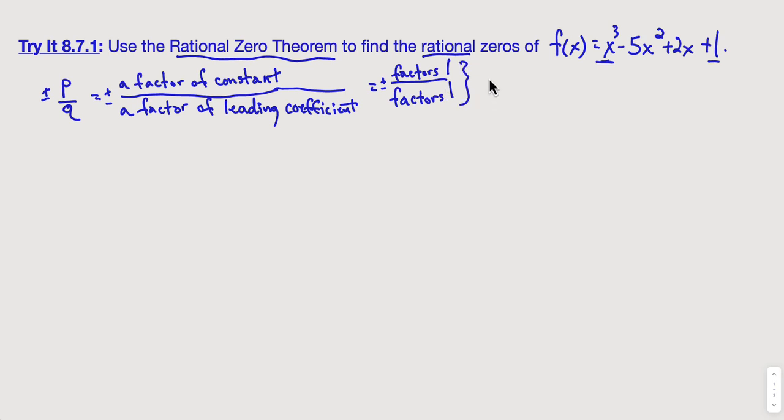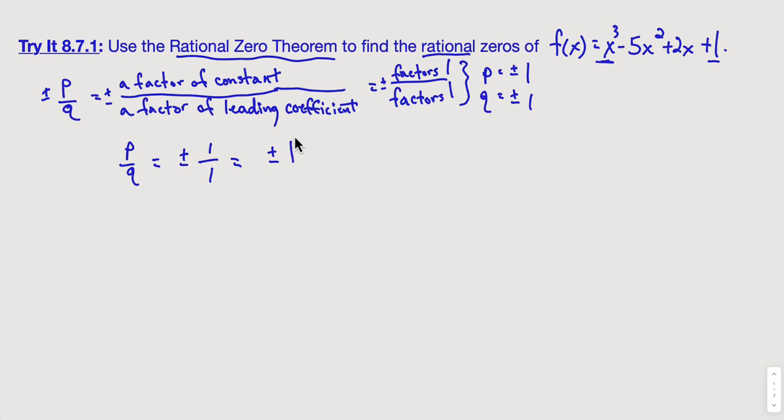So what that means is that P could equal plus or minus 1, because 1 is the only factor of 1, and Q equals plus or minus 1. So what that tells us is that P over Q equals plus or minus 1 over 1, which simply just equals plus or minus 1.